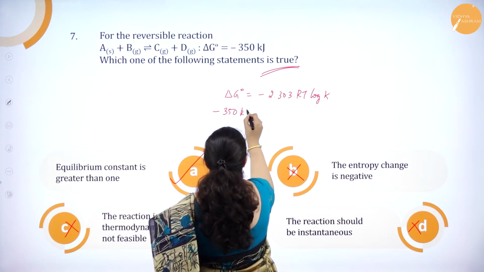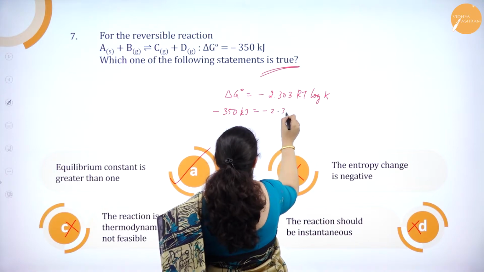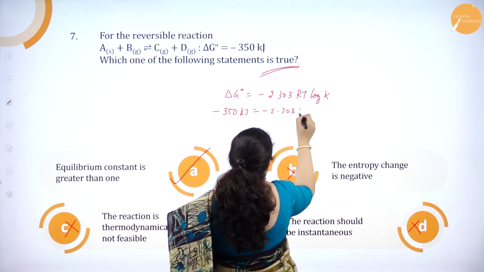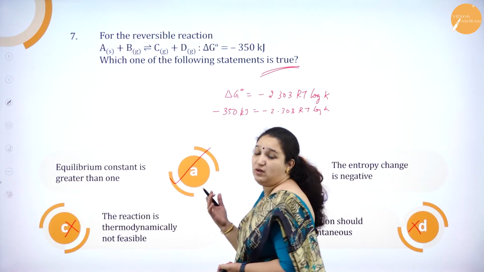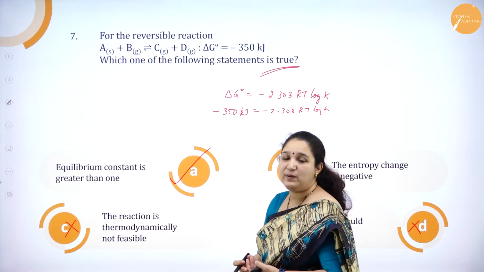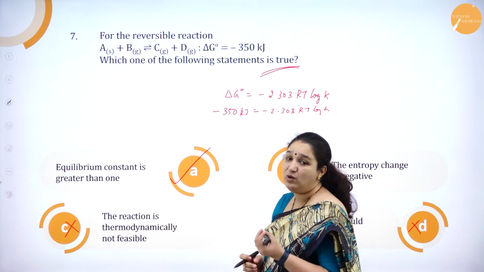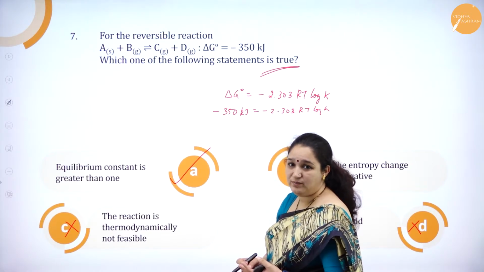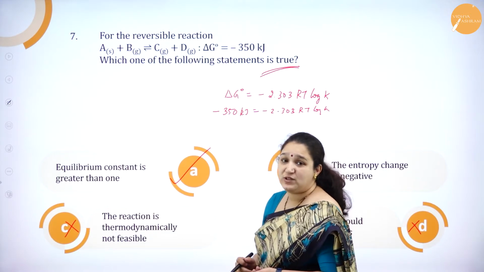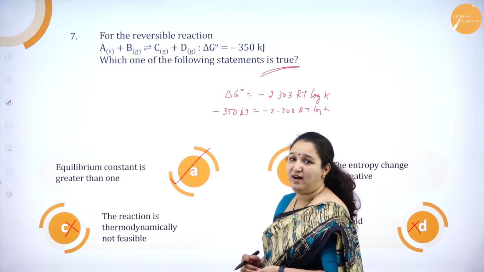Minus 350 kilojoules is equal to minus 2.303 RT log K. So both are negative values. It will get cancelled and equilibrium constant will get a positive value which is greater than 1. Correct, no? Thus, option A is the right answer.